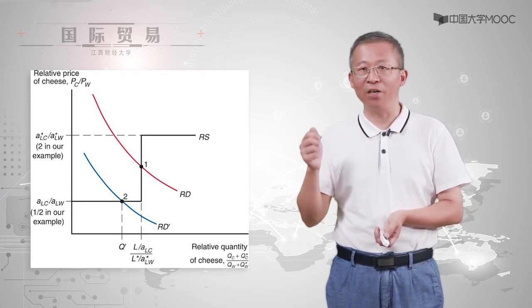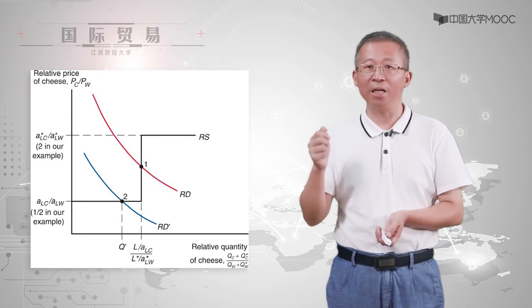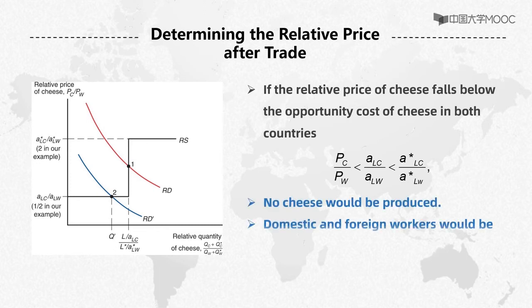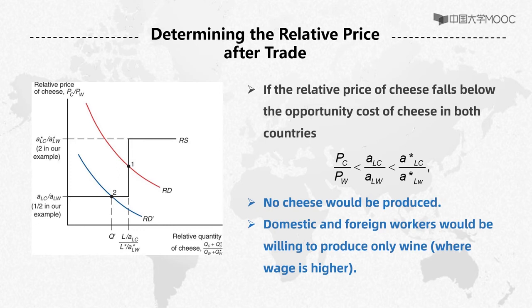Let's look at figure 3 in order to understand it better. If the world relative price PC over PW drops below aLC over aLW, there would be no supply of cheese. Recall, whenever PC over PW is less than aLC over aLW, it means wage in the cheese sector is lower than in wine. Home will specialize in wine.